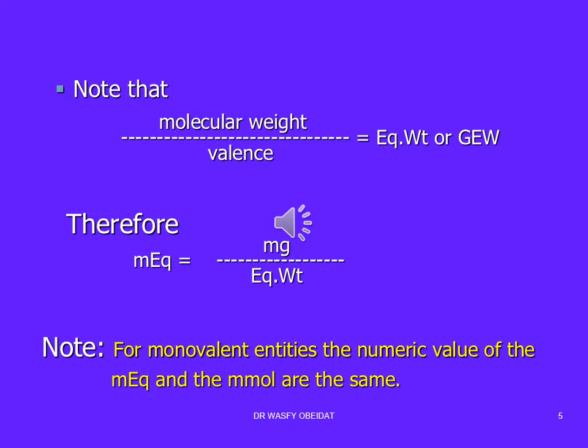You can see these formulas in this slide, and note also that if the valency was equal to 1 as in monovalent entities, milliequivalent in this case will equal the weight in milligrams divided by the molecular weight, and using this definition the milliequivalent will be equal to millimoles.